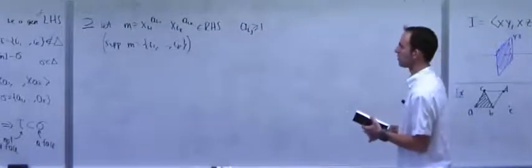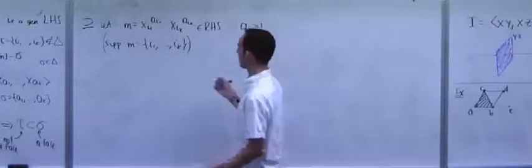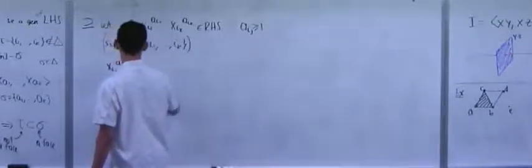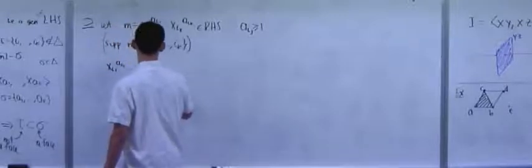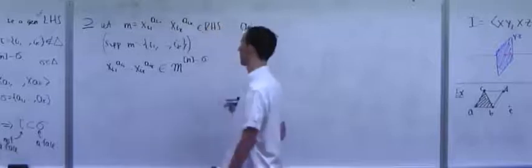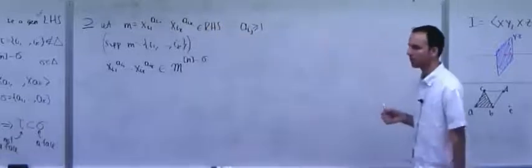Okay. So what does this mean? That means that x_i1 to the a_i1 up to x_ik to the a_ik lives inside each one of these ideals, m to the n minus sigma.